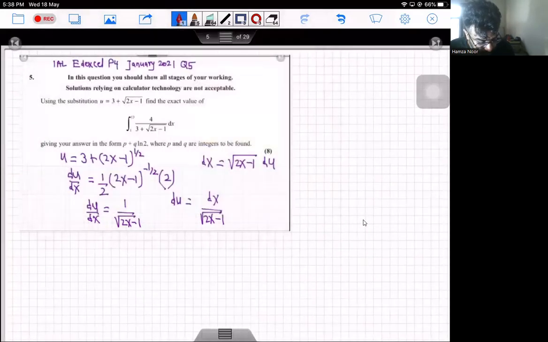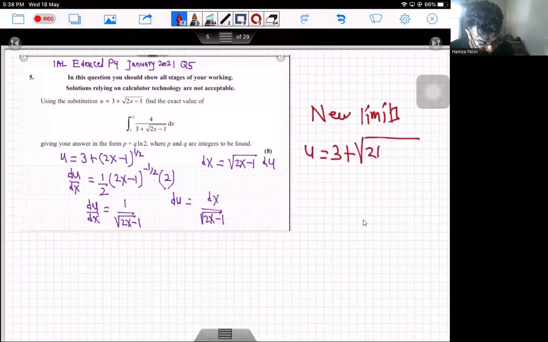So now we are introducing new limits. u equals 3 plus the square root of 2 times 13 minus 1. 13 times 2 is 26, 26 minus 1 is 25. So 3 plus the square root of 25 means 3 plus 5. So u is 8.